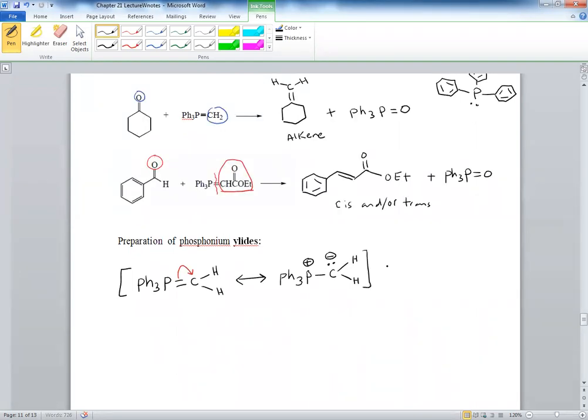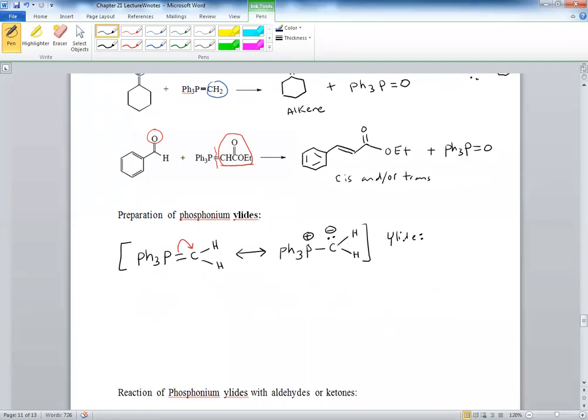Now that's what an ylide is. An ylide is simply a molecule, a substance that has two different charges, obviously the positive and a negative, on adjacent atoms.